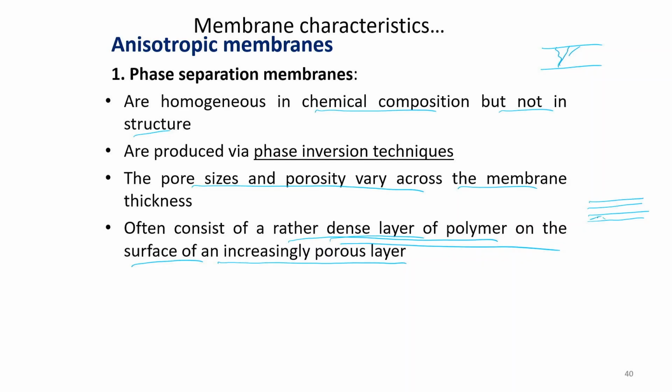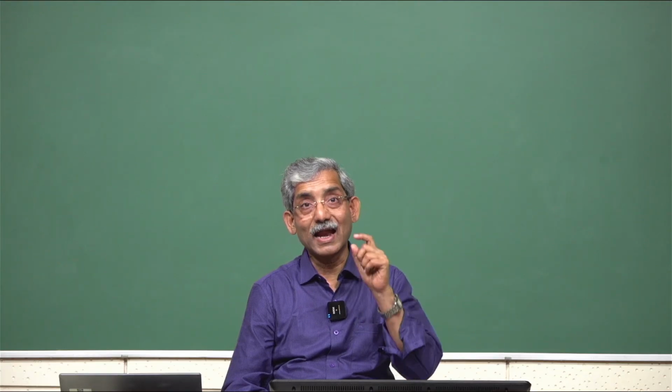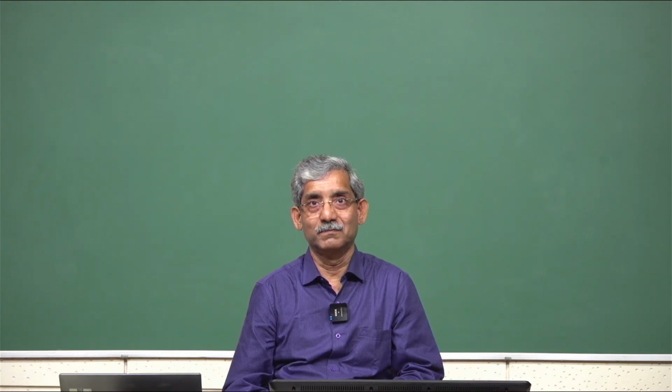Here it is a dense layer at the bottom with very low porosity, and here we can have higher porosity. In this process we can create a gradient porous structure.